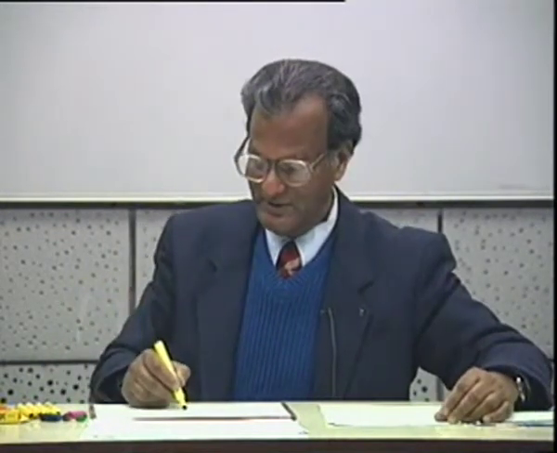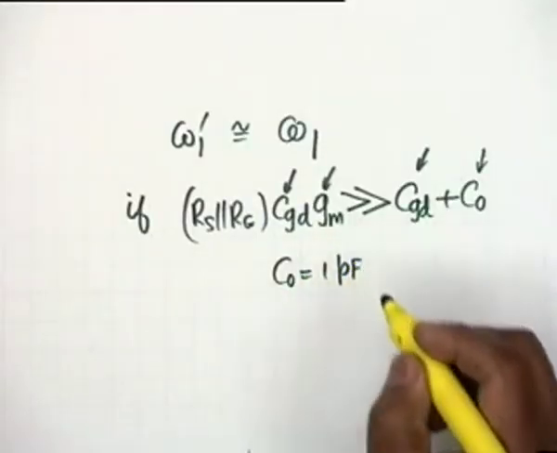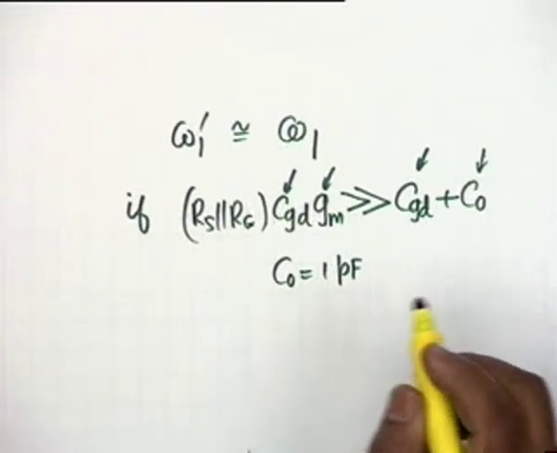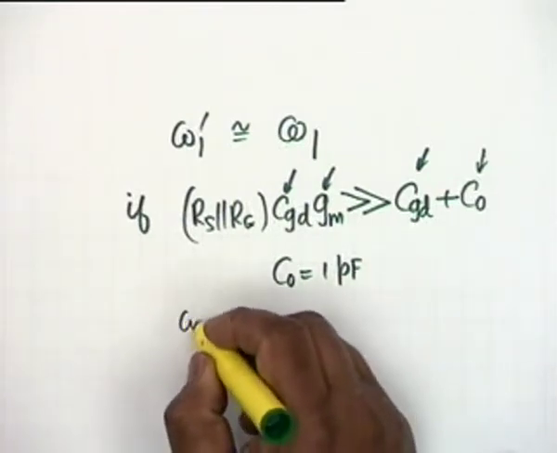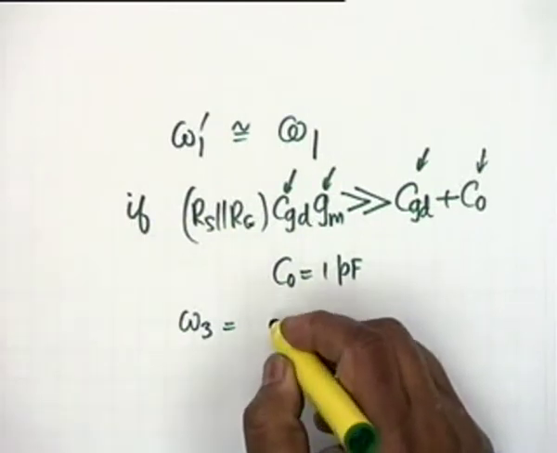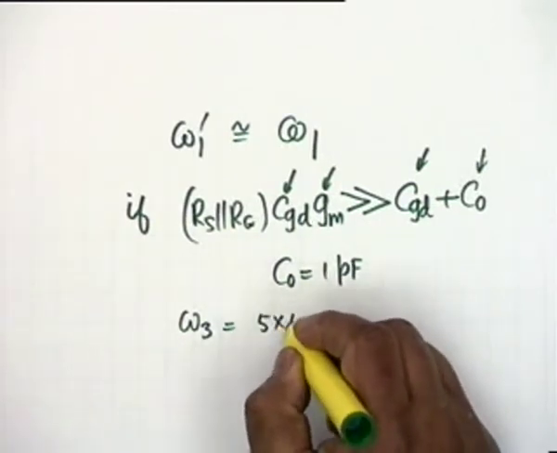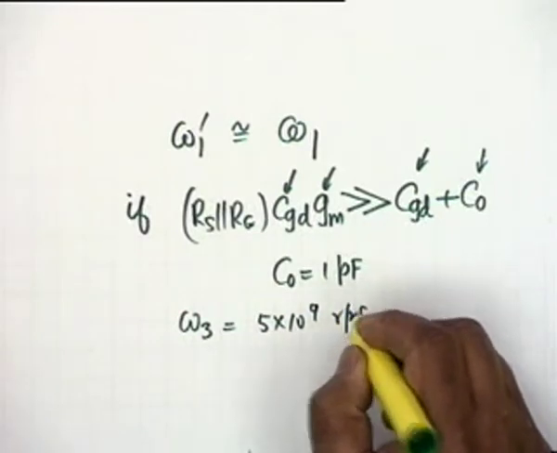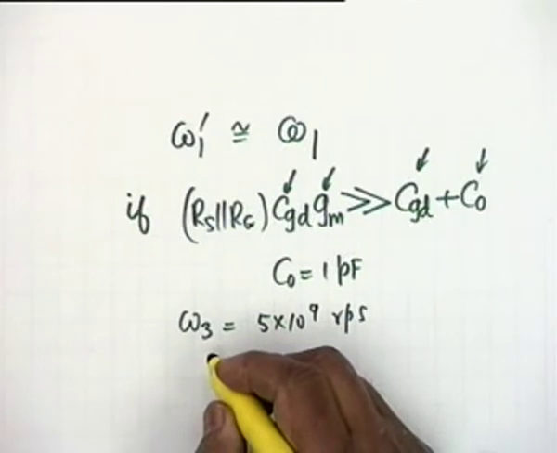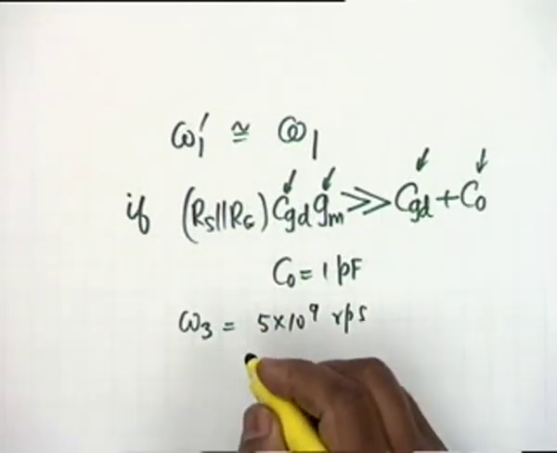I have some calculations. Assuming C0 as 1 pF, for the same example as we had taken earlier, we get omega 3, which is GM by CGD, is 5 times 10 to the 9 radians per second. AV0 we have already calculated.